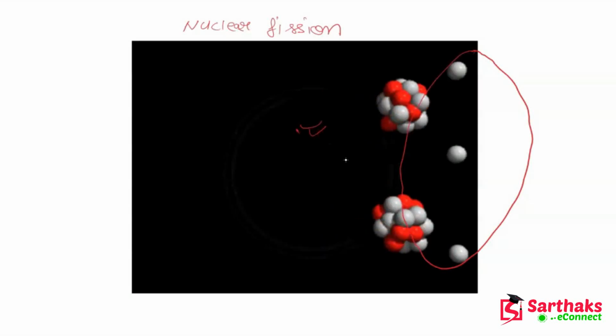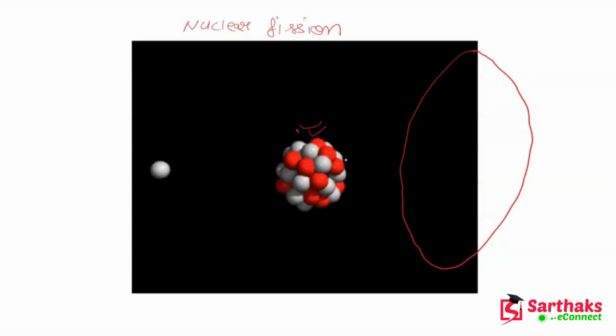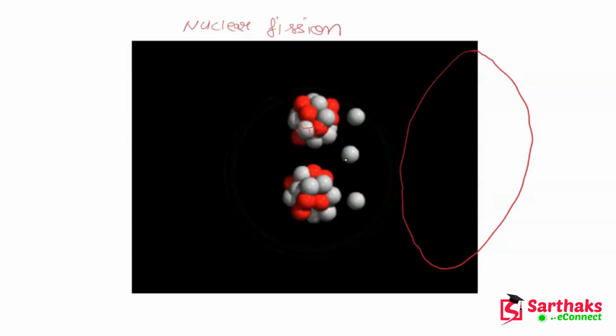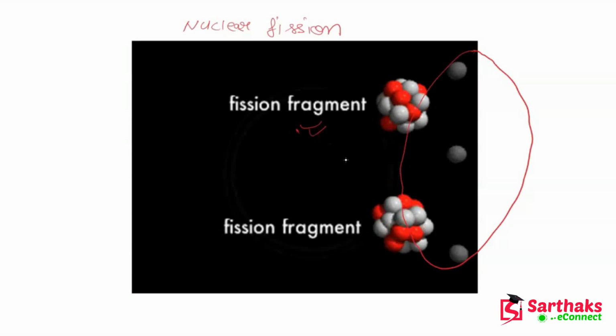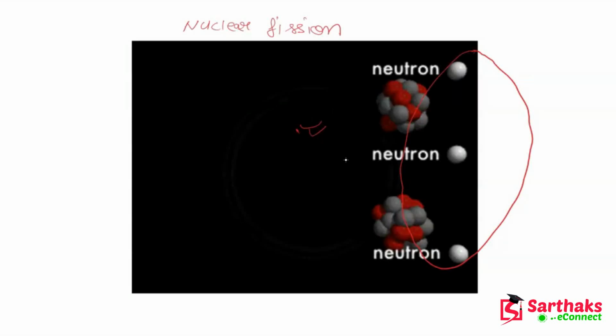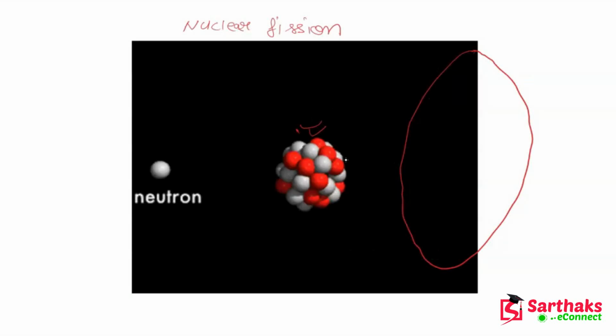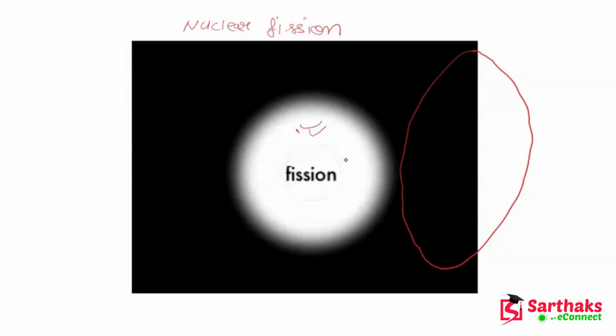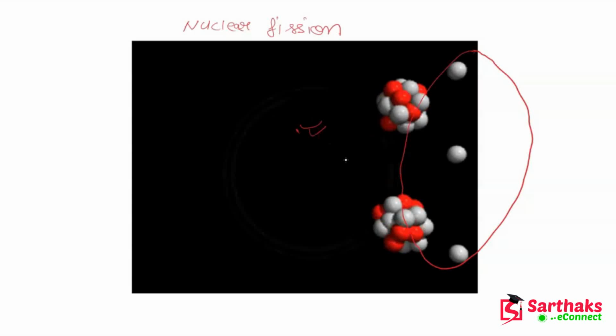Because these 3 neutrons will further bombard other nuclei, and whenever a neutron collides with another nucleus, lots of heat is again released. So that's why this reaction becomes uncontrollable and lots of heat is produced.